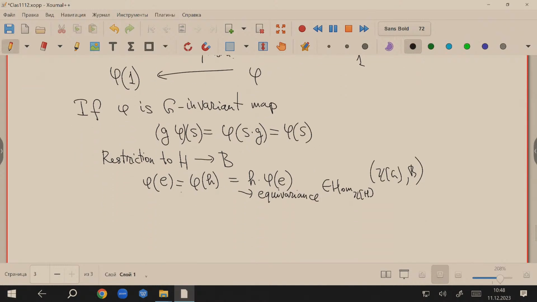So this is G invariance of the map, because this is right action of the map, and this implies that phi of E belongs to the H invariant. So similarly, you can give the corresponding construction, and the vice versa map.